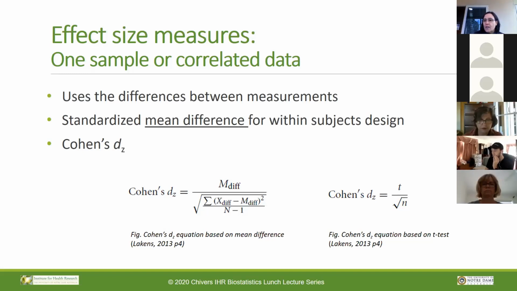Again, with both formulas you can use either the actual raw scores, or the t statistic you would get from doing a t-test. But there's just a slight difference. The main thing to remember is this is determined based on a mean difference.